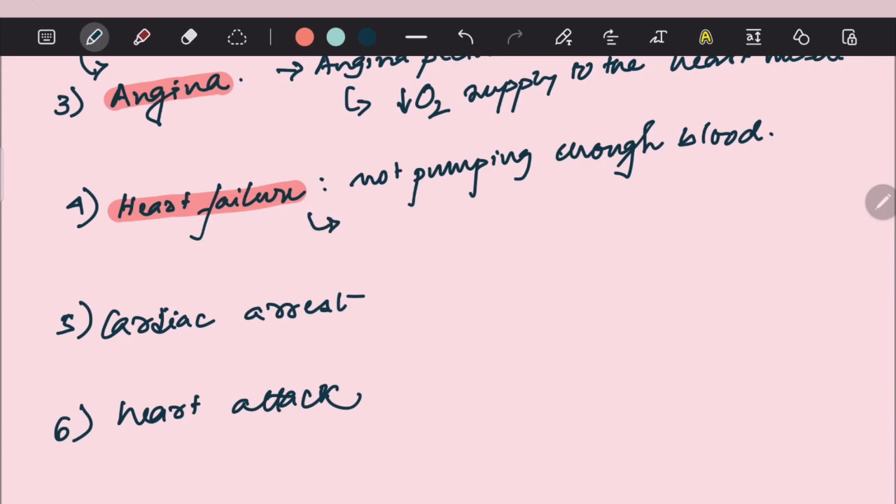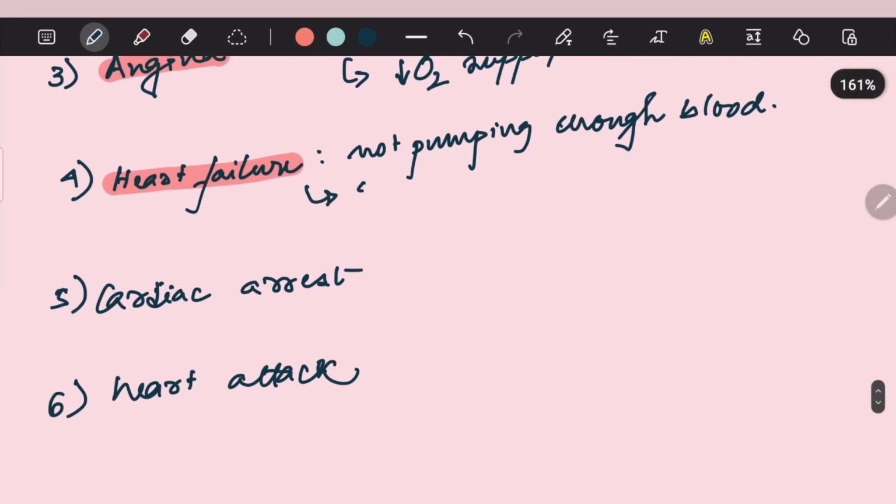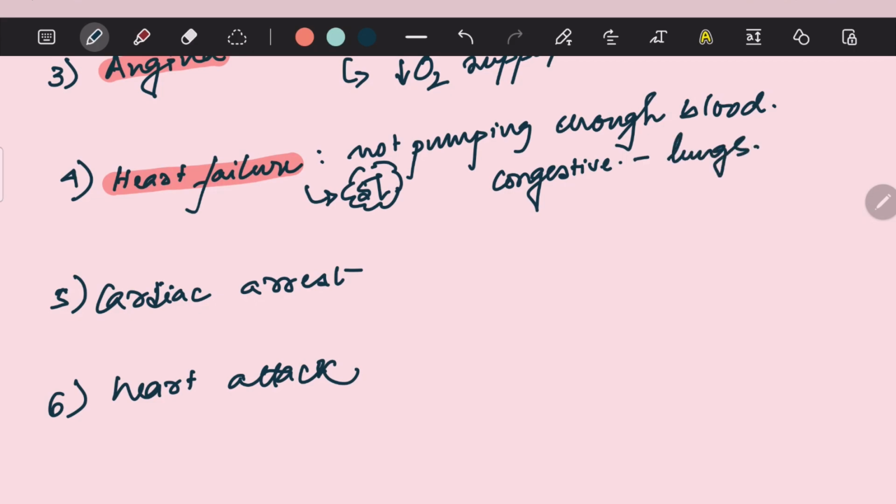We know the approximate amount of blood that the heart pumps is 5 liters, and if it fails to pump this amount of blood, then it is known as heart failure. It is at times known as congestive heart failure due to some congestion, mostly of the lungs.